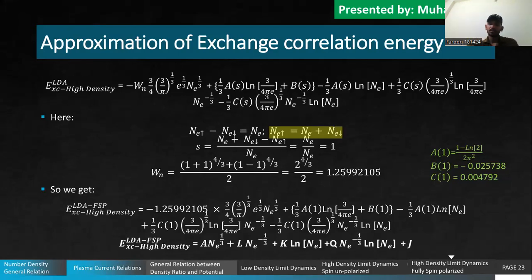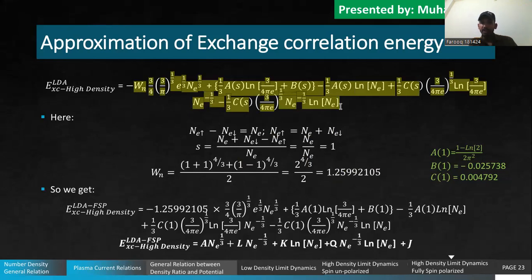So now what happens? Wn becomes 1.25992105 when we put 1 here. This term goes to 0, and here we get 2 power 4 by 3, and then divided by 2 we get 1.25, this thing.